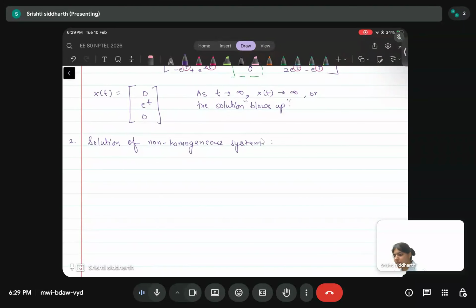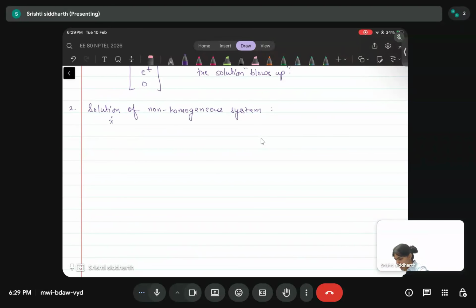In this case, we consider the solution when there is an input. So when x dot is equal to Ax plus Bu, and the initial condition at time t0, the solution is given by, okay.